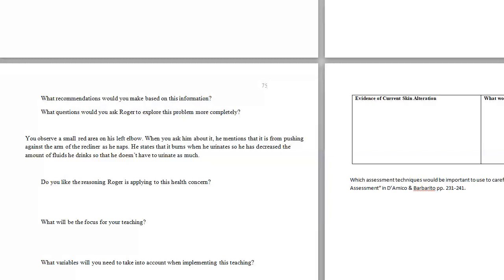And what assessment techniques would be important to use to carefully examine his tissue integrity? Obviously, color, tone, cleanliness, perspiration, odor, pigmentation, and circulation, vessels, things like that. Palpating the skin, temperature using the dorsal surface of the hand, assessing for moisture, texture, thickness, elasticity.